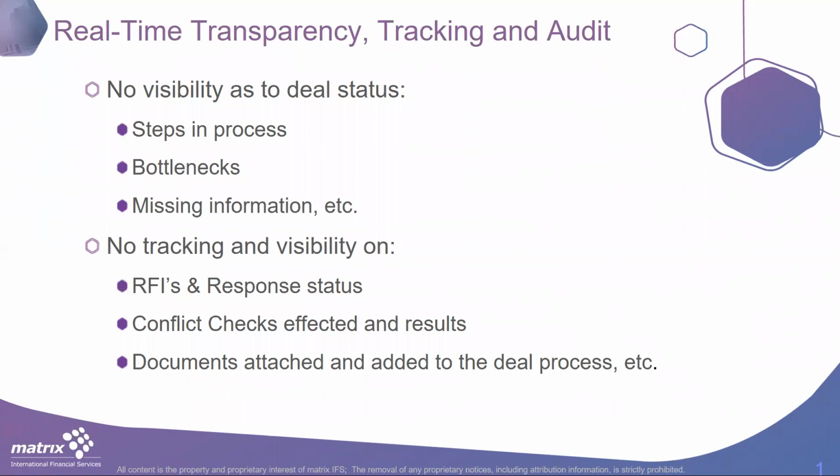Nobody knows where it stands, only the person who deals with it and the person beforehand who had the last task. There is no way to highlight and outline bottlenecks or missing information. We've seen a lot of cases where managers ask where the deal stands, a simple update, and we've seen the team scramble to gather that information, especially when the deal members are in separate geographical locations in different time zones.